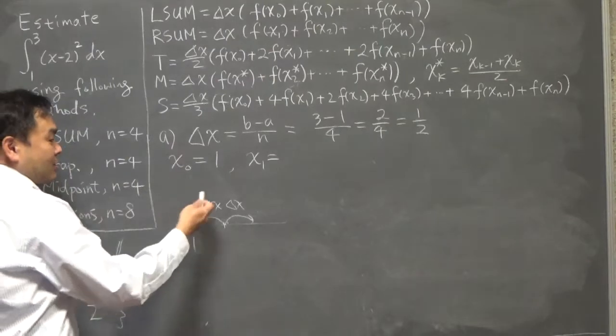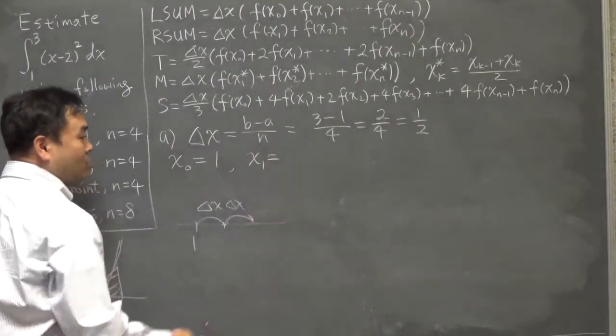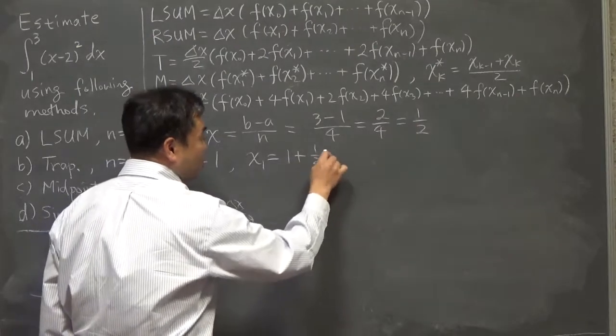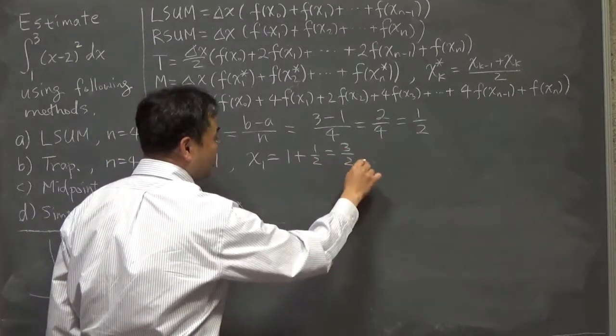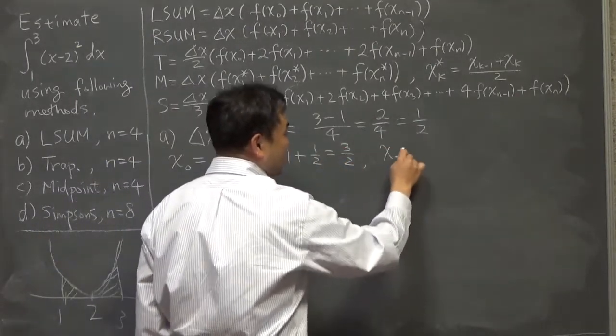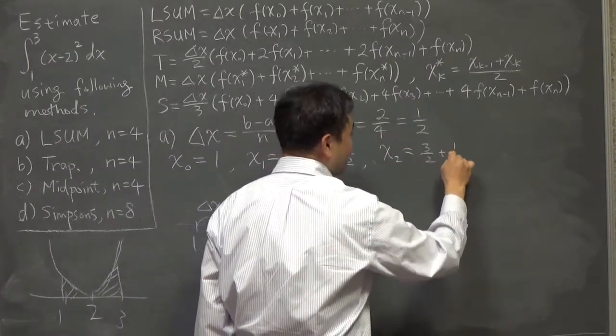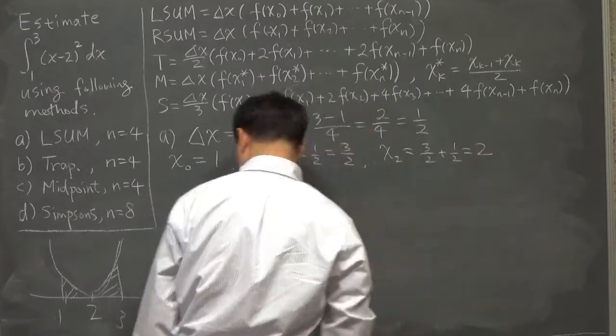So you just keep adding delta x's to get to the next one. So x1 will be: take 1 and add 1/2. x2 would be taking this one and adding another 1/2 to get to the next one.